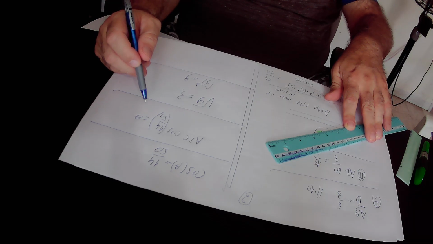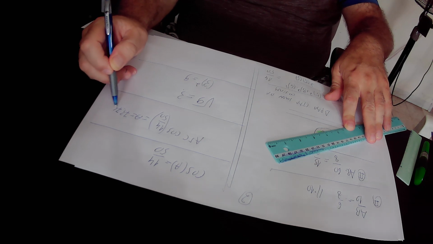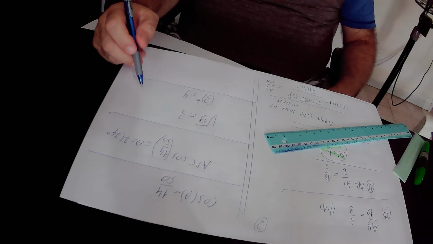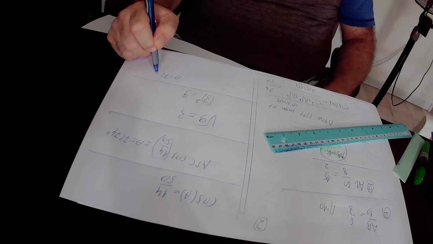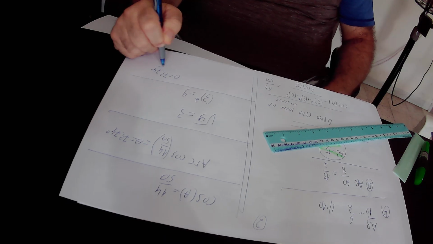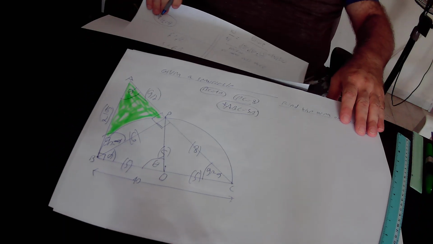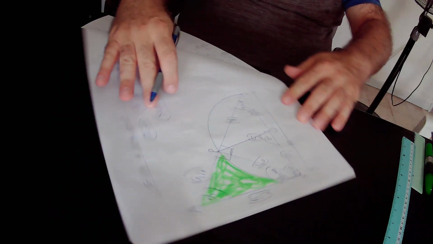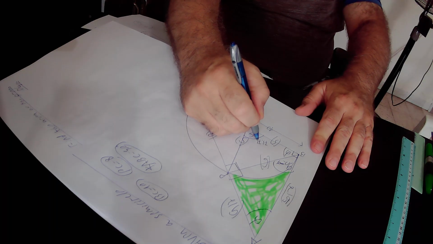Arc cosine of 14/50 is 73.74 degrees. So we found out that theta equals 73.74 degrees in its size.